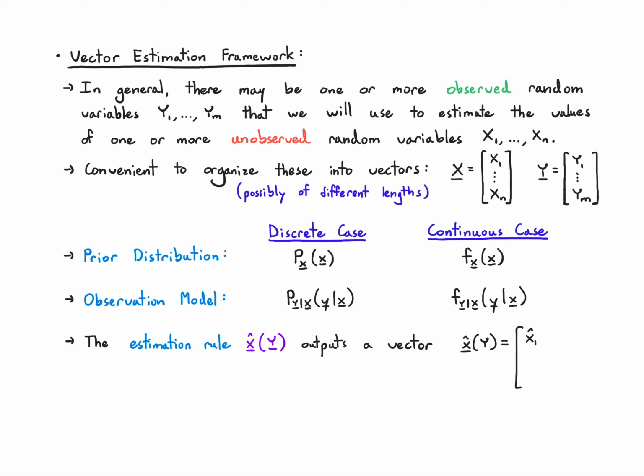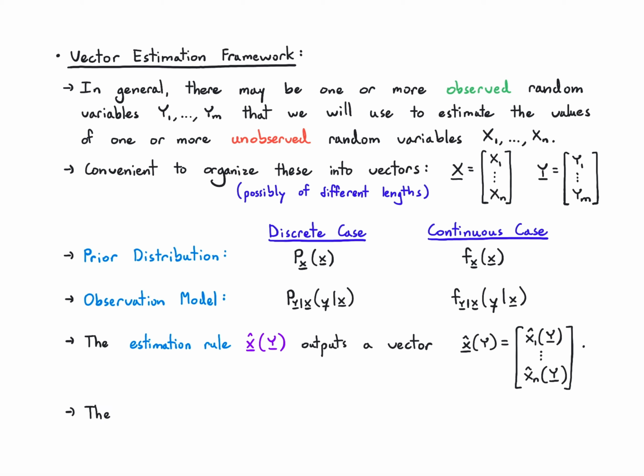That means I'm going to have a bunch of functions here, x1 hat up to xn hat, and each of those gets to look at the full vector of y. It takes in y1 through ym, does what it wants to do, and puts out an estimate for that particular value, x1 up to xn. So I have a vector valued function here, which consists of entries which are themselves functions, each trying to predict a different value of x.